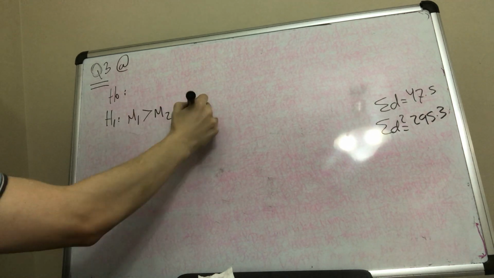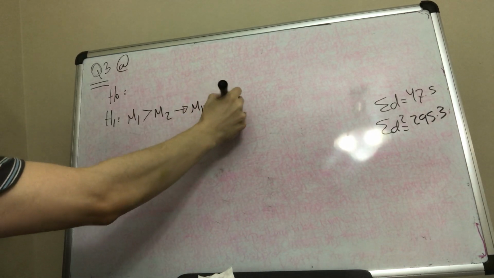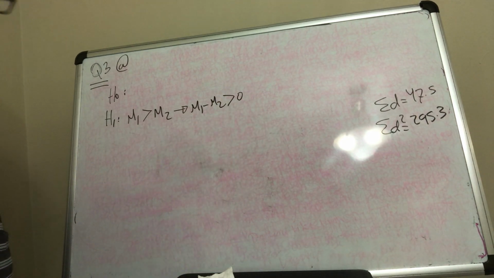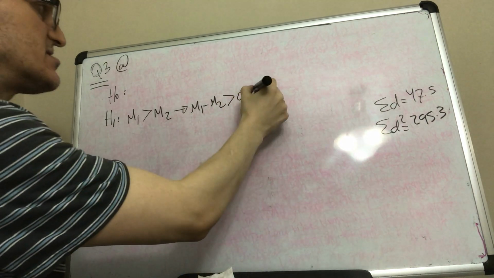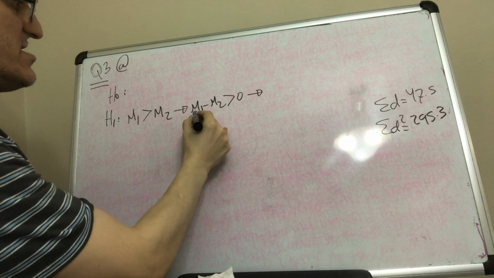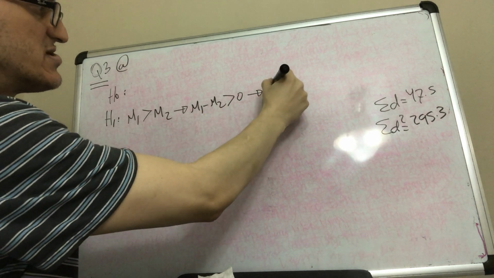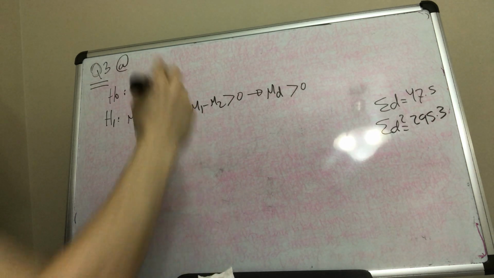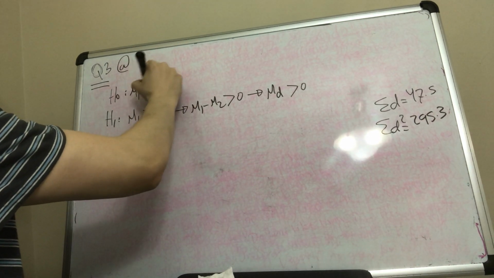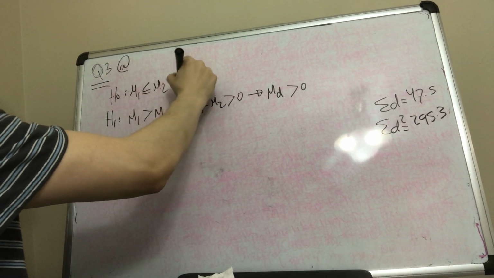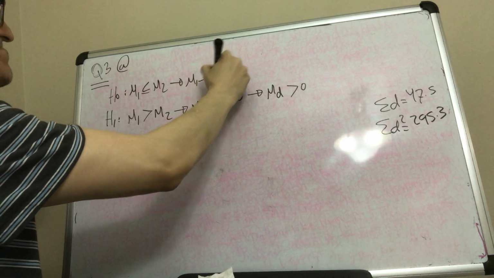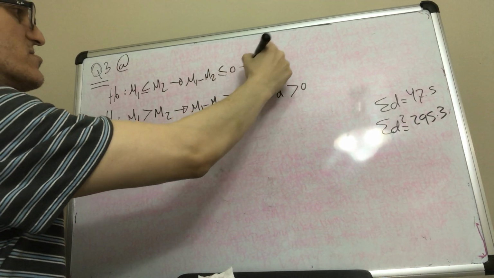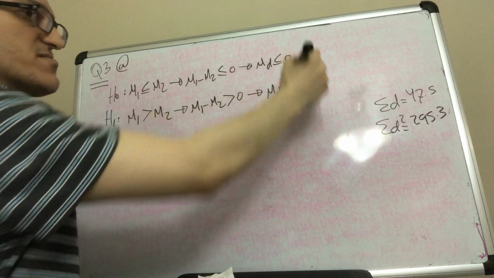If you bring this over, 0. And since we know it's a dependent system, for a dependent system, instead of this minus this, we say mu d, mu of difference. Here would be the complete opposite. You bring it over, it would be less than or equal 0, or mu d less than or equal 0.